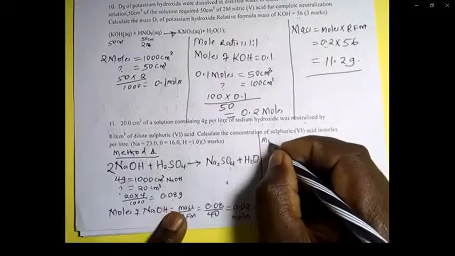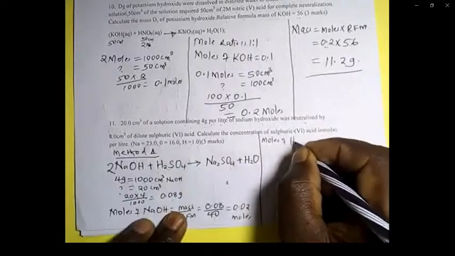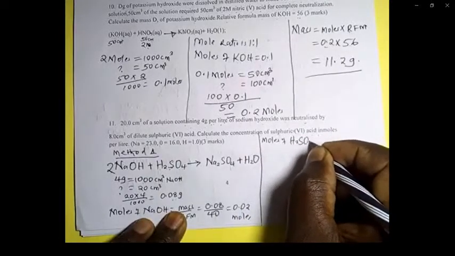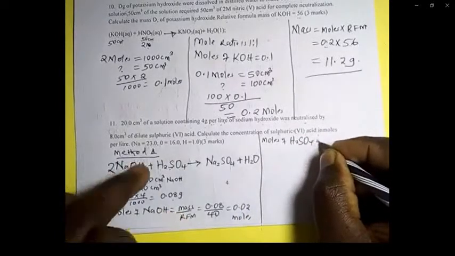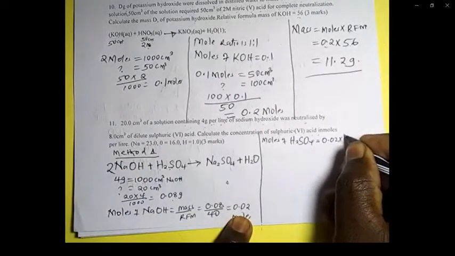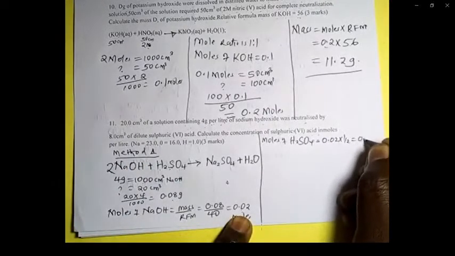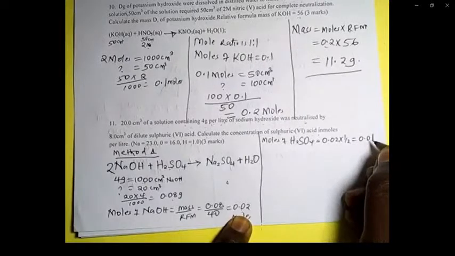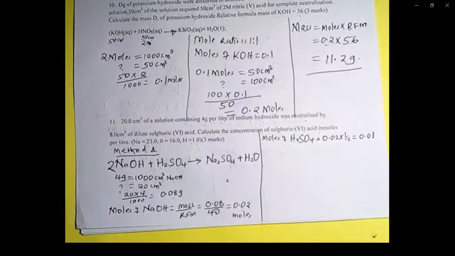Moles of sulfuric acid equals 0.02 times 1/2, and that one is 0.01 because the ratio is 1 to 2.